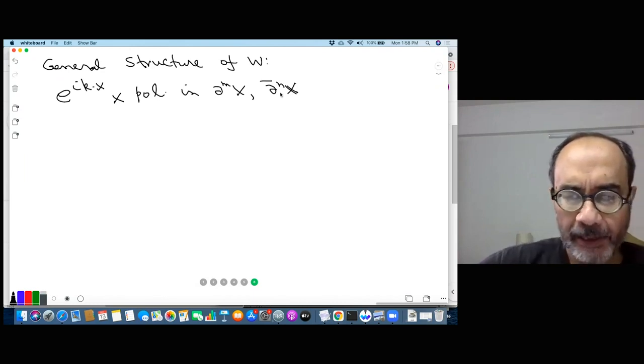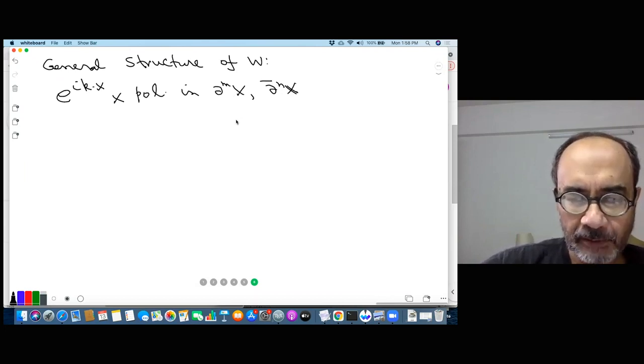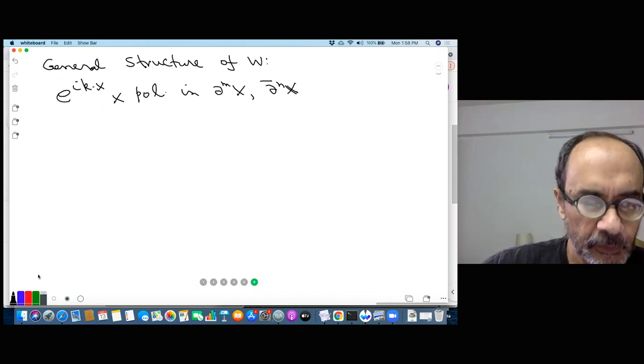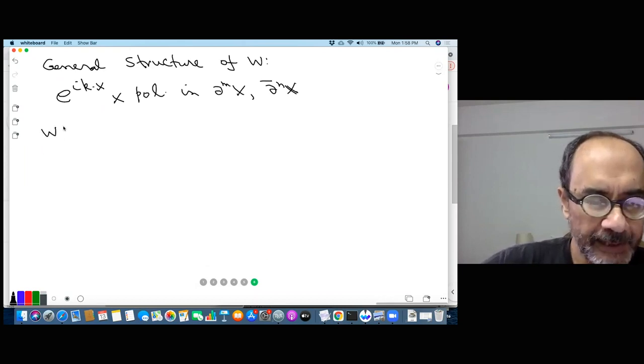Now the operator product expansion of these: these are integer conformal dimensions, so the operator product of these picks up integers. So let's take W_i of z with W_j of z prime.